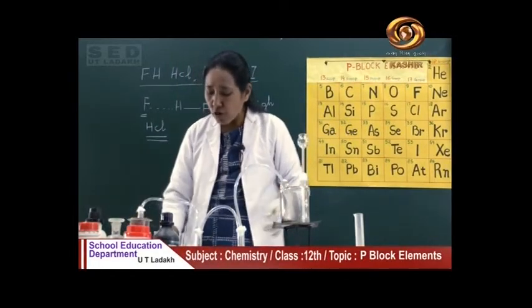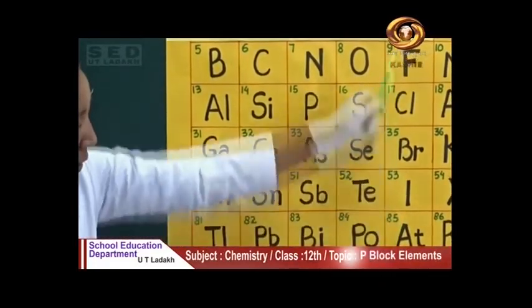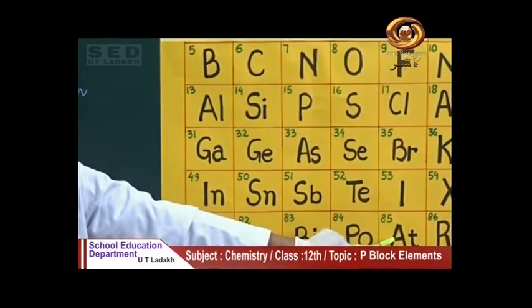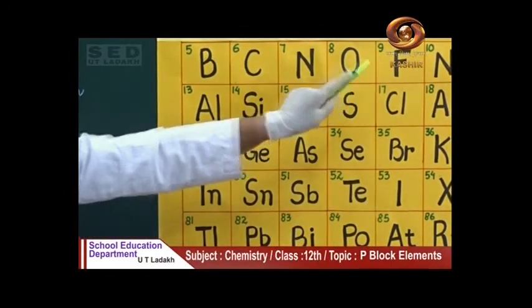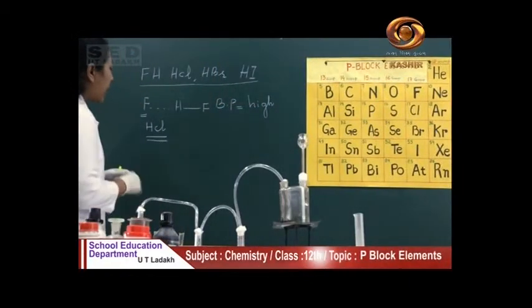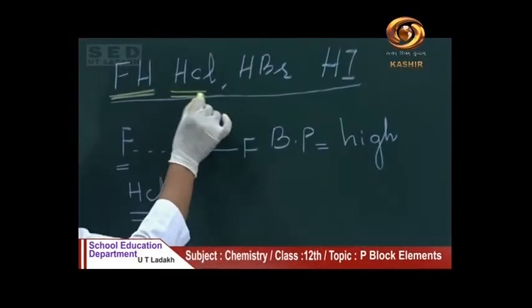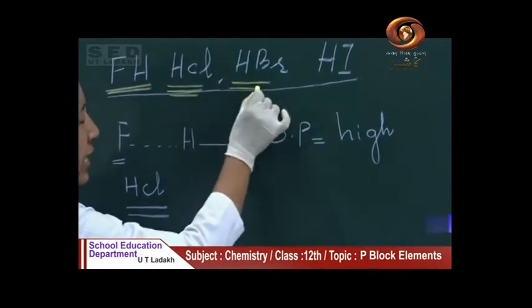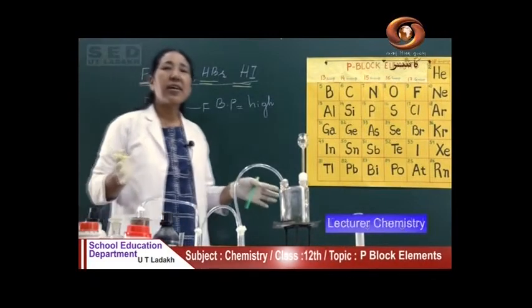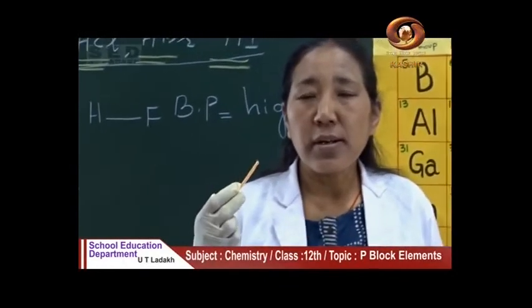Other acids are also strong. They are also called halogen acids: HF, hydrogen fluoride, HCl, hydrochloric acid, hydrogen bromide, hydrogen iodide. All are acidic in nature, and we can check that with universal indicator paper.